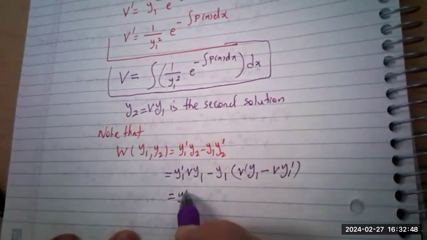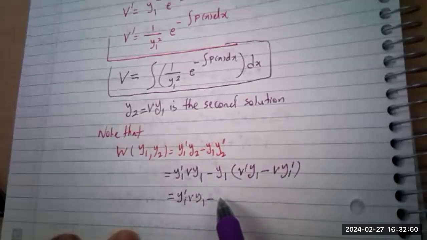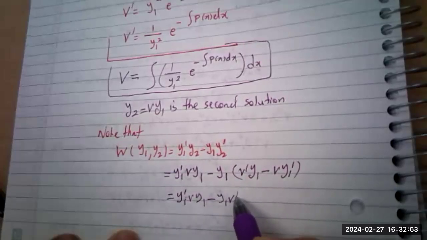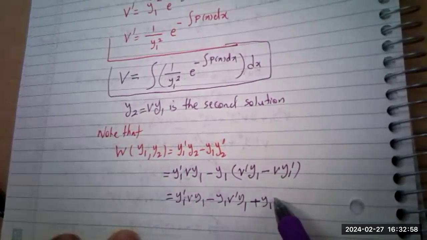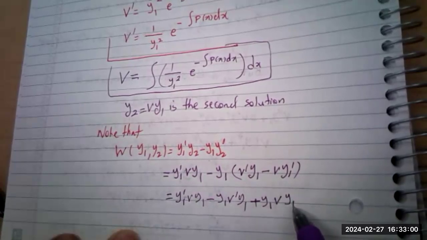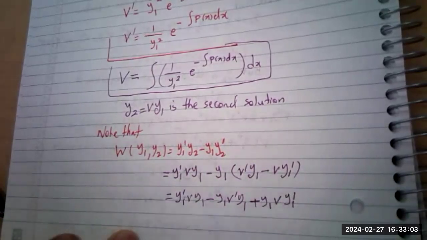So that gives you y1 prime, y1, and this is going to be v prime y1, plus v y1 prime. Let's make sure we get it right. So these first two would cancel out, okay, that's it.